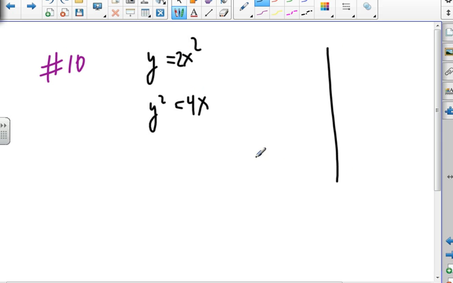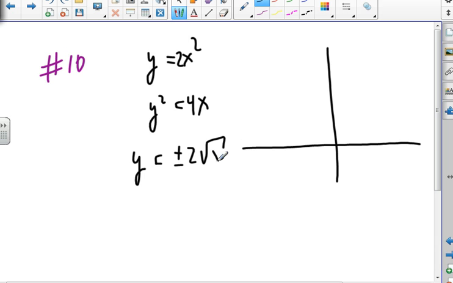Okay, so we're going to make a better than normal graph. This guy we're going to change to y is equal to plus or minus 2 the square root of x. All right, so if I'm at 0, I'm at 0.